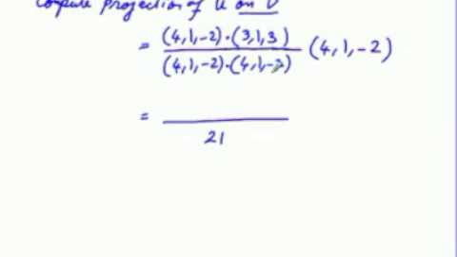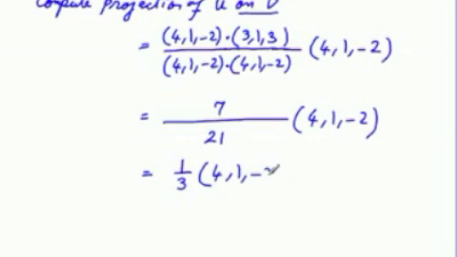It's going to be all positive here. 21. Numerator, we have 12 plus 1 is 13 minus 6. So what is the total on the numerator? 7 over 21. So this simplifies to 1/3 of 4, 1, minus 2, or if you wish, 4/3, 1/3, minus 2/3.